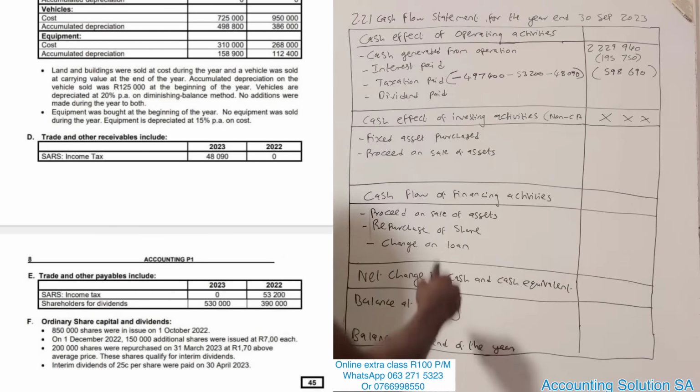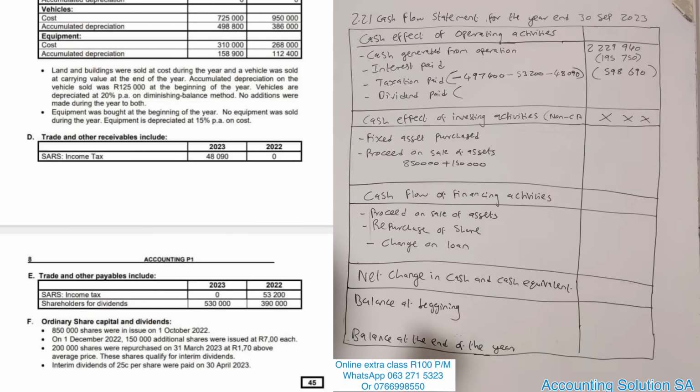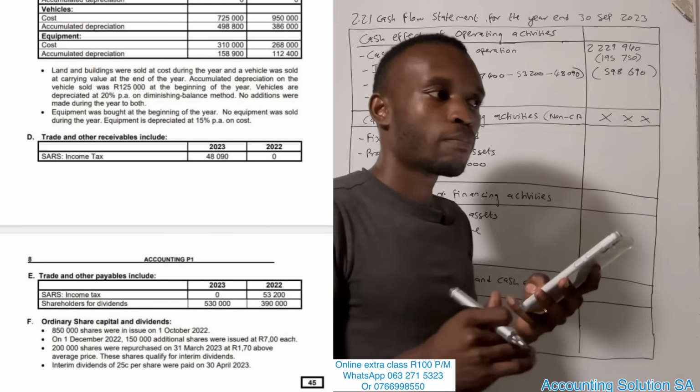At the beginning, we have 850,000 shares, and in December we make an additional 150. Let me show calculation here. We have 850 at the beginning, and we sold another 150, and we repurchased back 200,000 shares on 31 March. But they say that these 200,000 must not be subtracted.